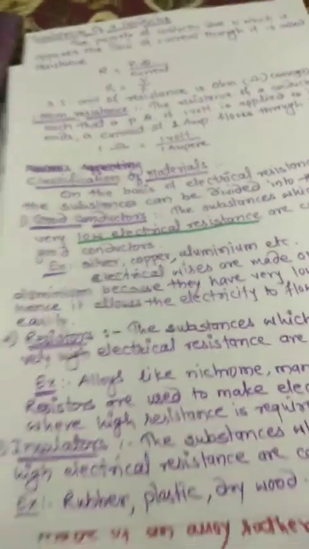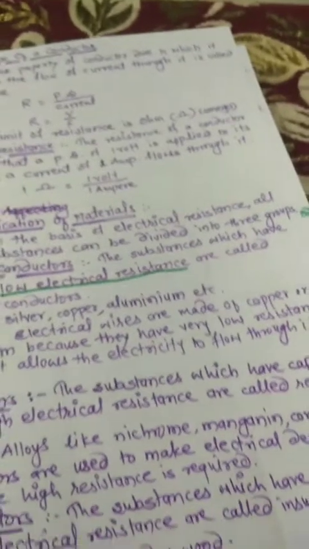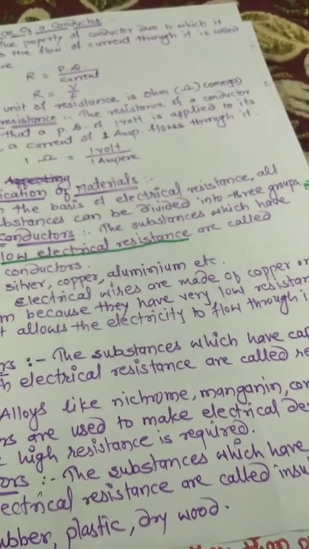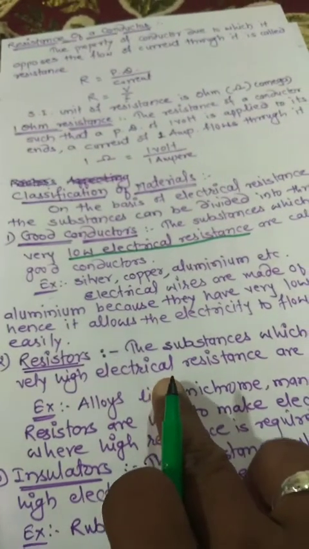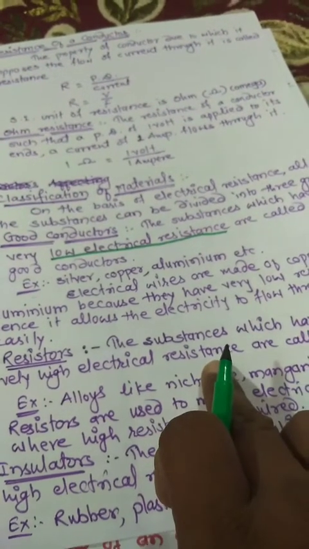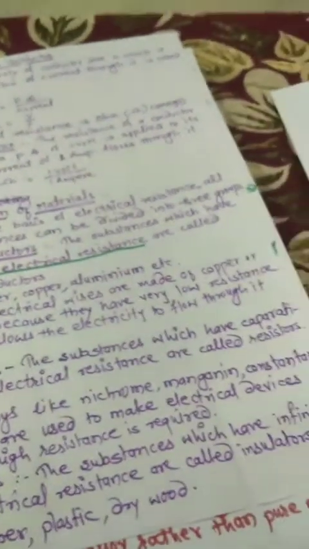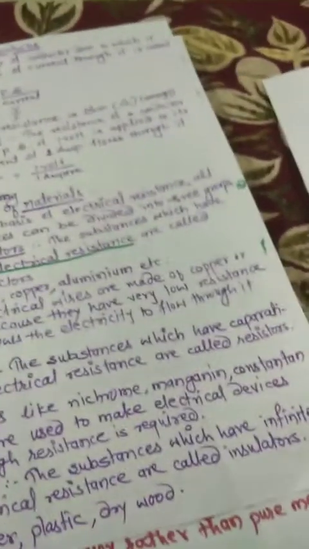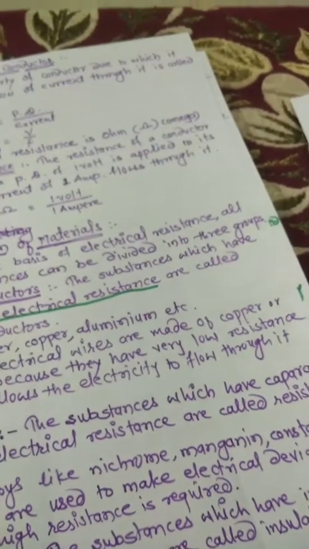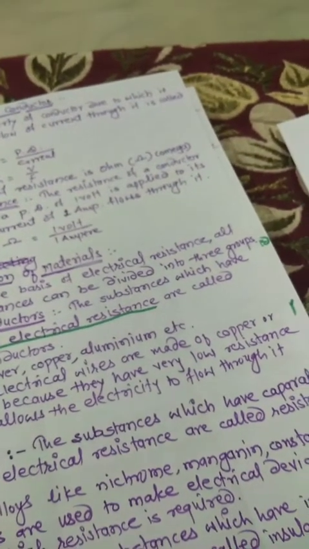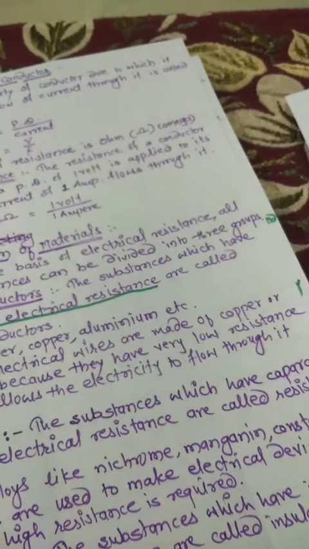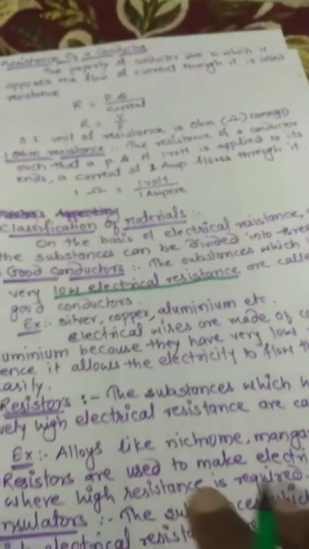Such materials are called resistors. High electrical resistance means it opposes the flow of current.